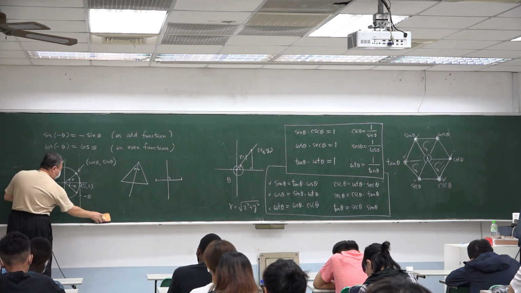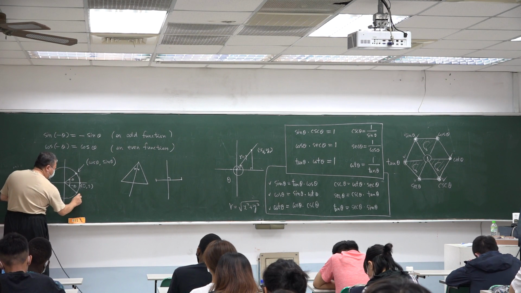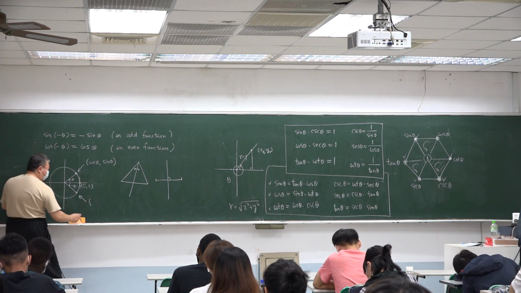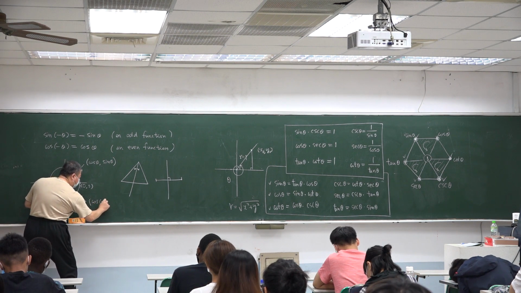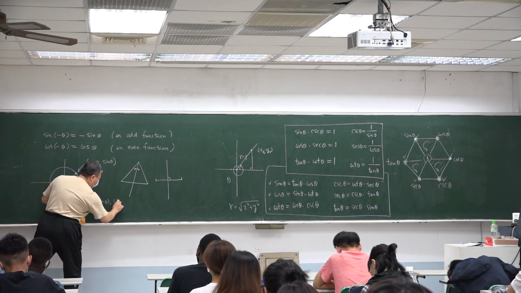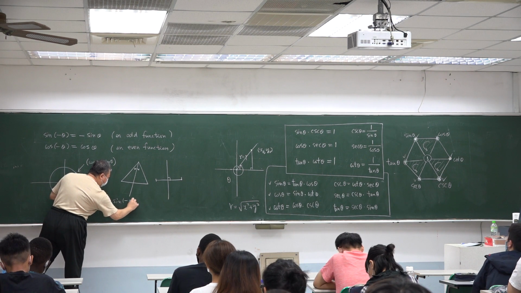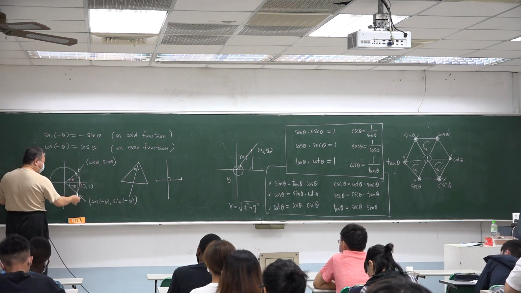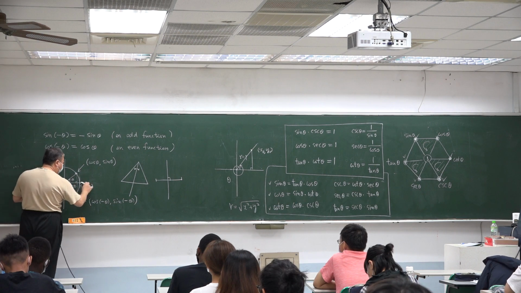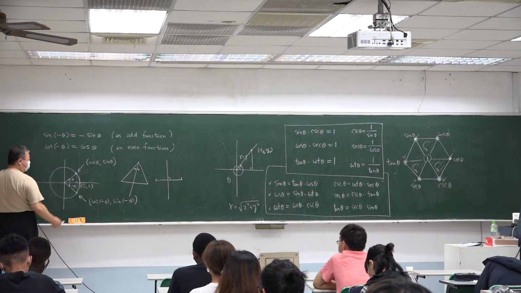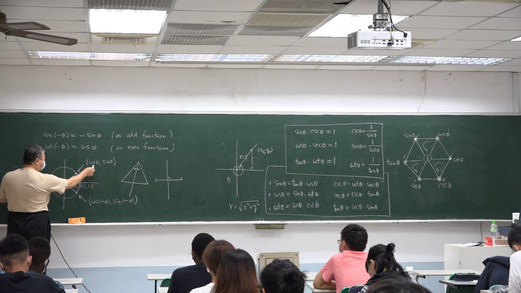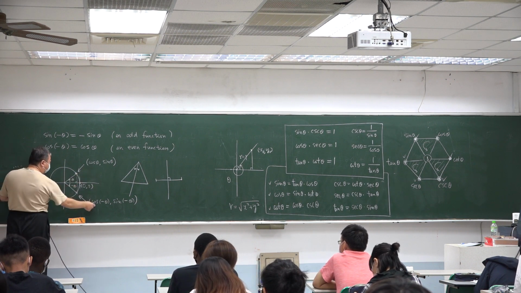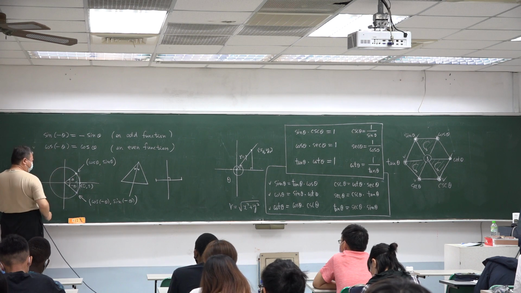Similarly, the coordinates of this point will be cosine minus theta and sine minus theta. Now, because these 2 points are symmetric about this axis, the first components will be the same.